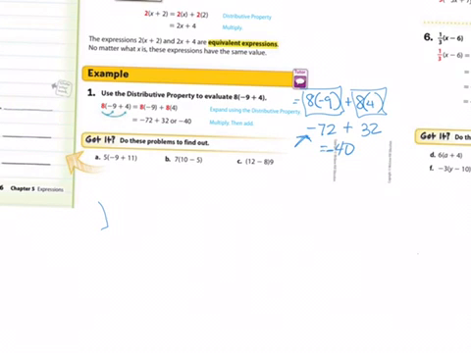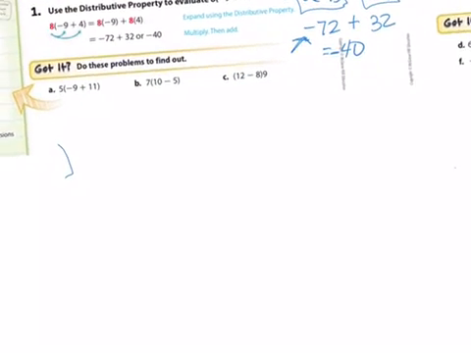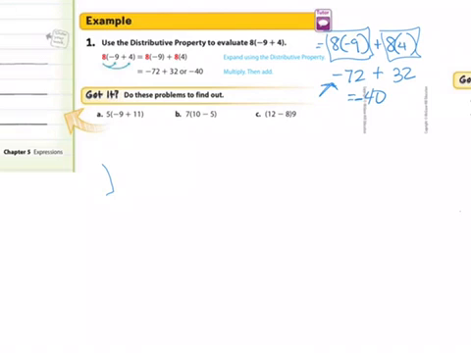Let's try these examples here. Again, we're now distributing out our value. It would be 5 times negative 9 plus 5 times 11. So we'd end up with negative 45 plus 55.